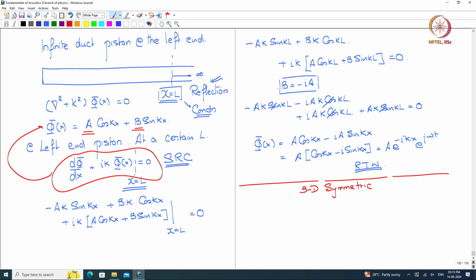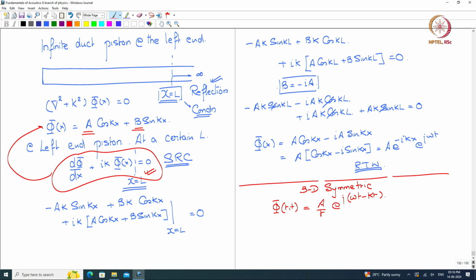Okay. Let us say I have my solution, phi of r comma t given by a by r e to the power of j omega t minus k r. Now this is again 1D, so we will apply the same condition as this over here.